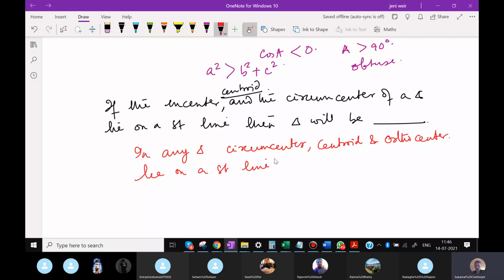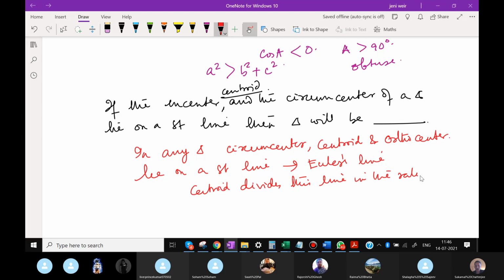This is true for any triangle. And this line is called Euler's line. And the centroid divides this line in the ratio of 2:1.